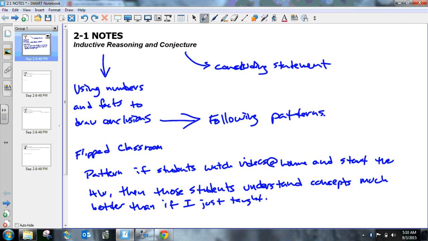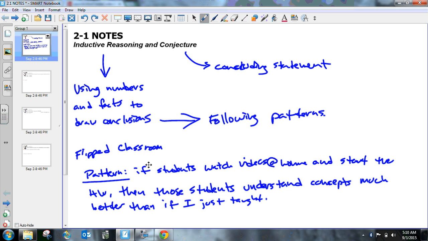So, guys, when I teach, I think about what went well and what didn't go well. There are things that I notice, there are patterns that I notice. That's one of the reasons why I like the flipped classroom so much, because it forces you guys to actually try.